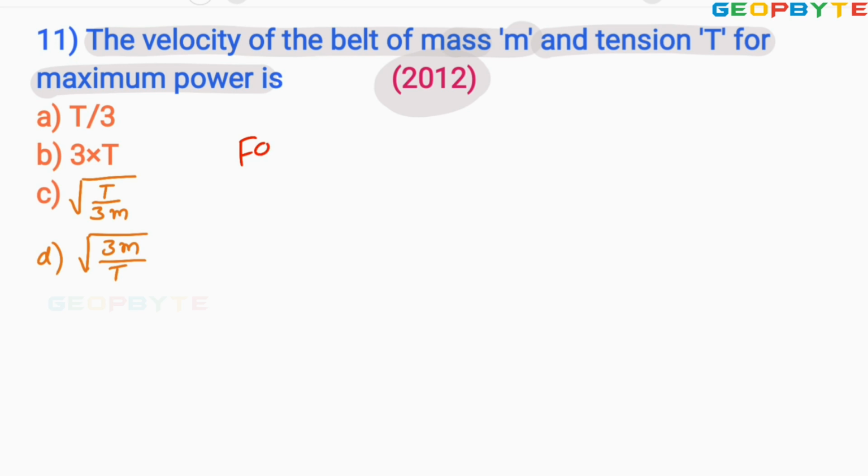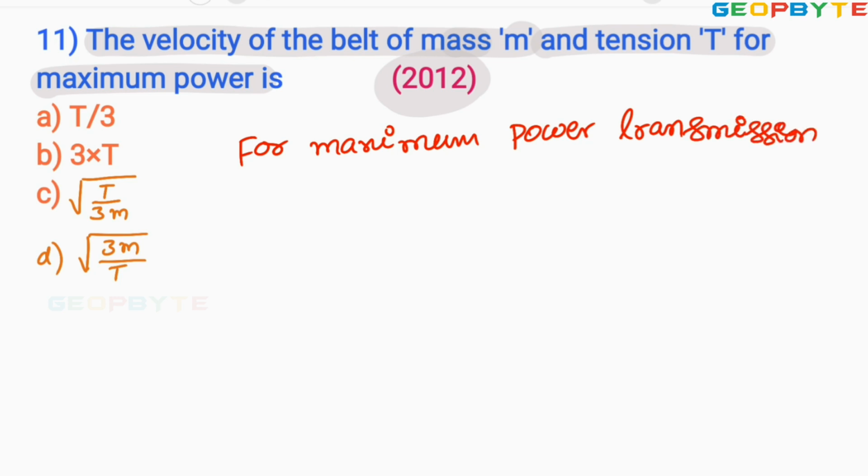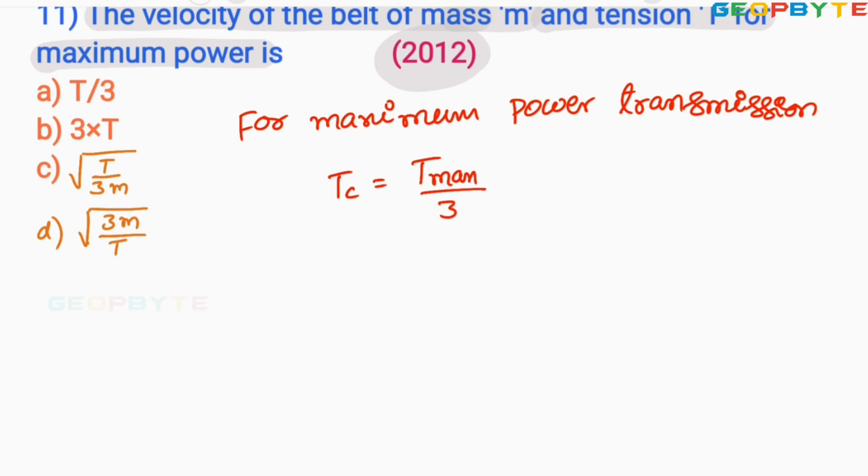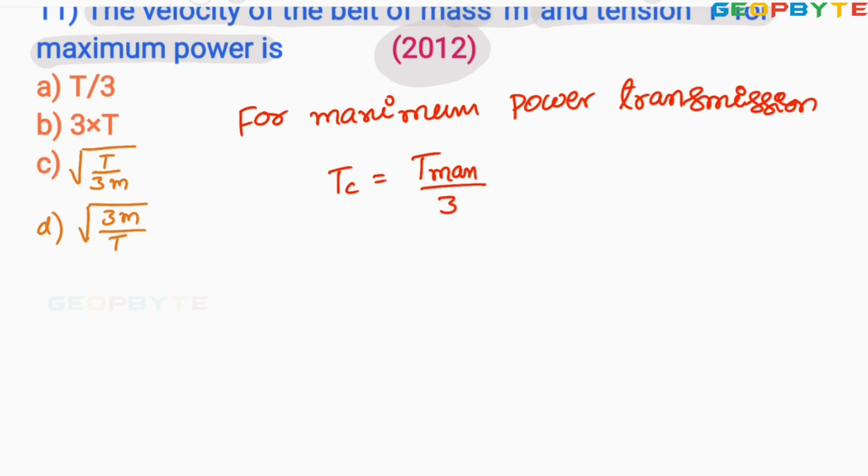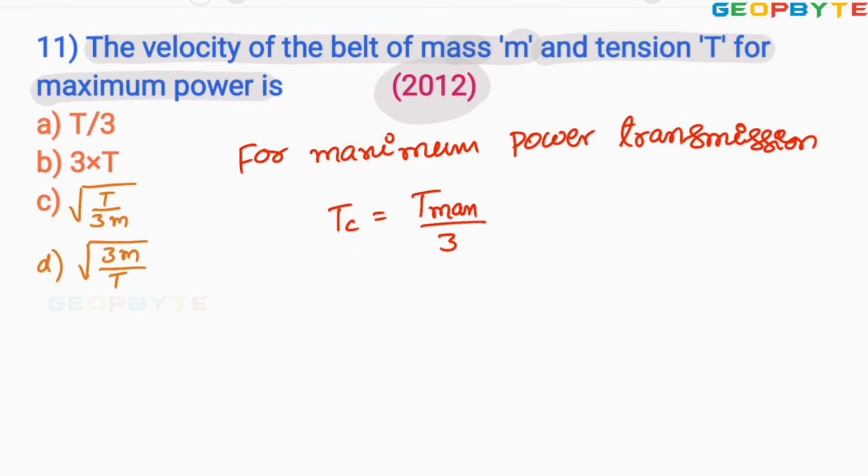Dear friends, for maximum power transmission, the condition is centrifugal tension Tc equal to T maximum by 3. That T maximum is the maximum tension. That maximum tension is given as T. Therefore, it is equal to T by 3.